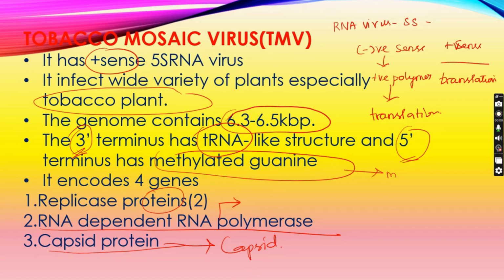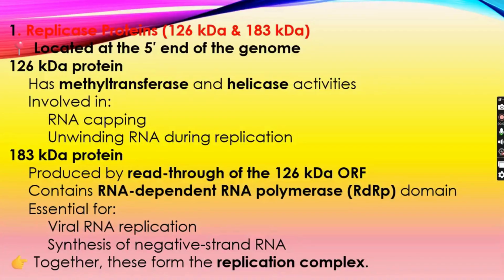After the genome has been synthesized, we are going to see each of the proteins synthesized by the TMV virus. The replicative proteins of 126 kilodaltons and 183 kilodaltons are synthesized at the 5' end of the genome.